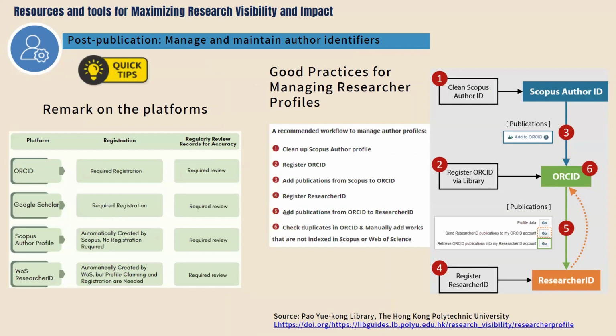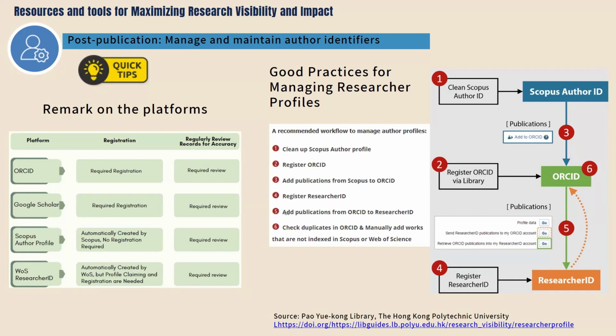Regarding the author profile platforms, here are some key points. ORCID and Google Scholar require users to register in order to set up an account. Scopus and Web of Science ResearcherID generate accounts automatically for the author.